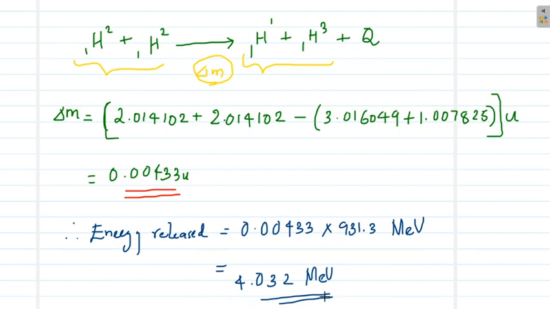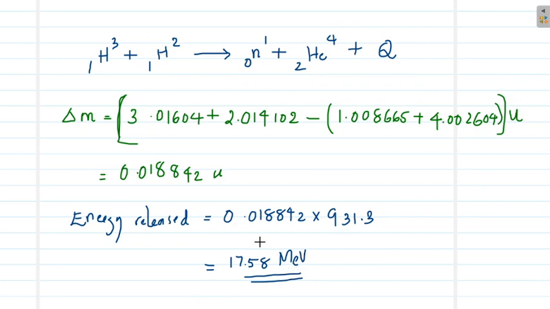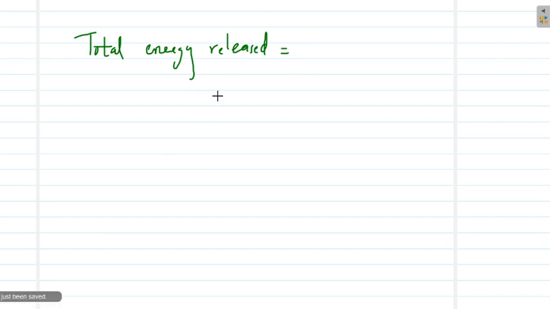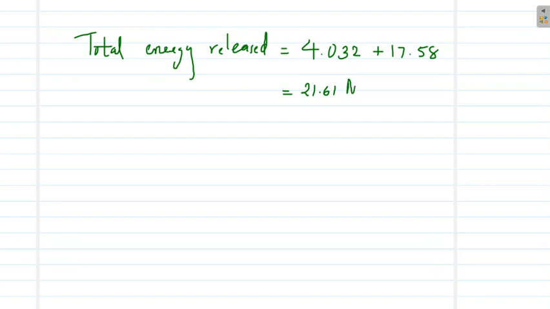The first reaction will yield you 4.032 mega electron volt and the second reaction will yield you 17.58 mega electron volt, and hence the total energy released is the sum of those two: 4.032 plus 17.58, which is equal to 21.61 mega electron volt.